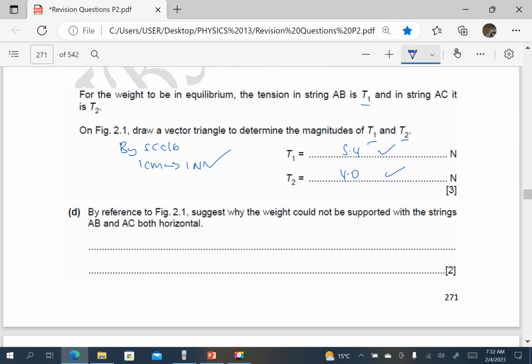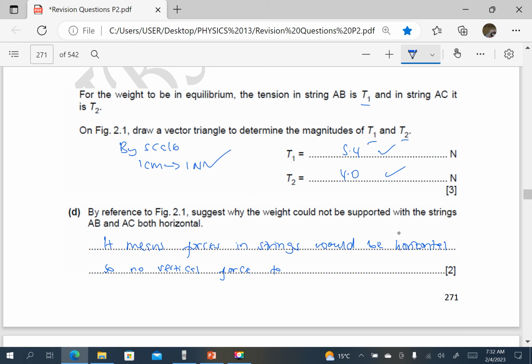So it means forces in the strings would be horizontal, so no vertical force.